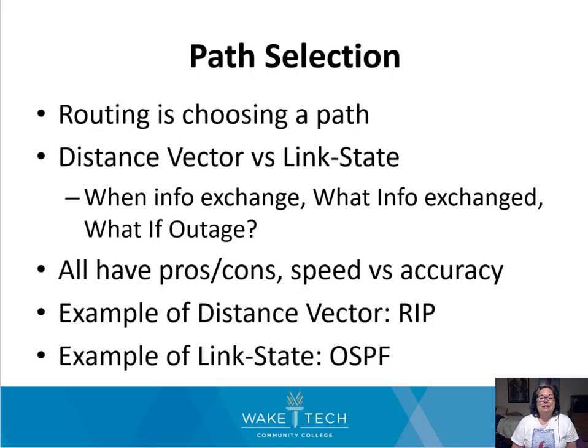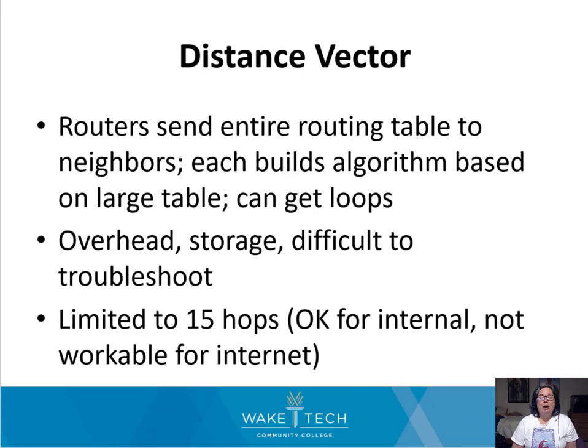Just to review distance vector, routers dump the entire routing table to all their neighbors, which means that each neighbor then collects that entire routing table and dumps it onto the next one. I say dump, it's really just share, but holy cow, those things get big really fast.